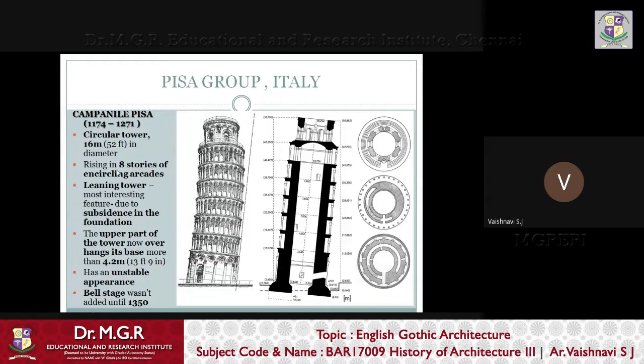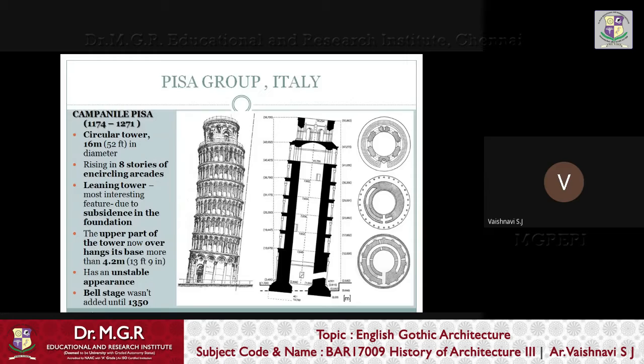You see, it has 8 stories, and it is a circular tower with 16 meters diameter, and it started leaning only because of the subsidence in the foundation. And as you can see, this upper part of the tower is slanting because it had a problem with the foundation.